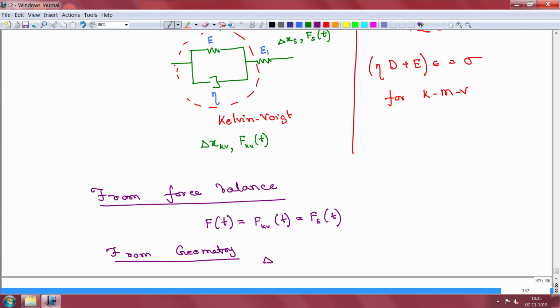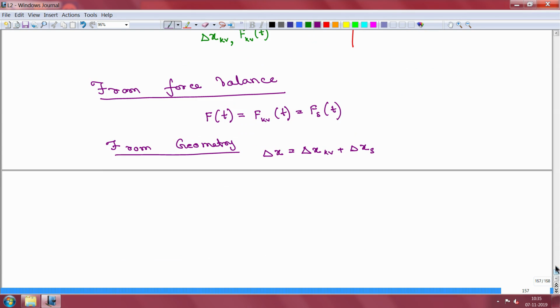The entire system displacement delta x is given by the sum of the individual displacements. Also, given the individual constitutive relationships, the force in the spring is the same as the force in the system, equal to E1 times delta x s.